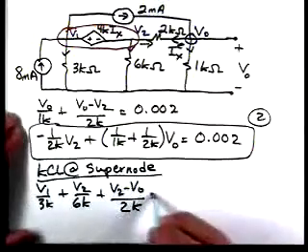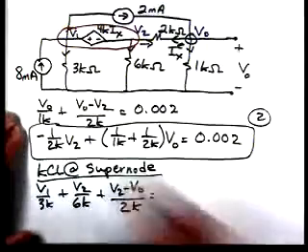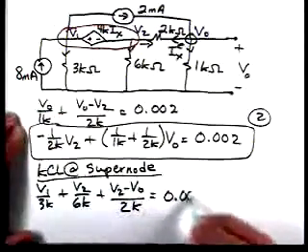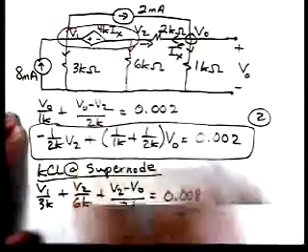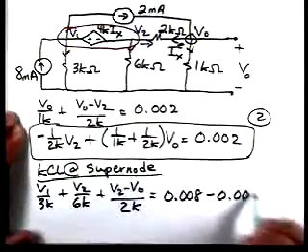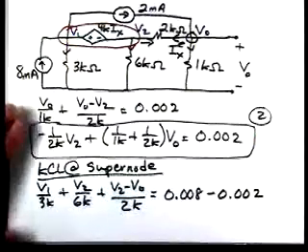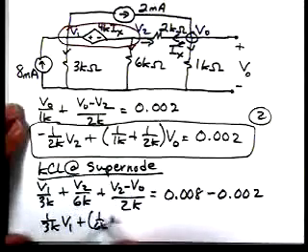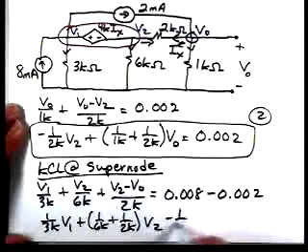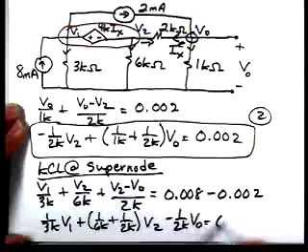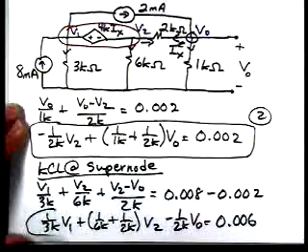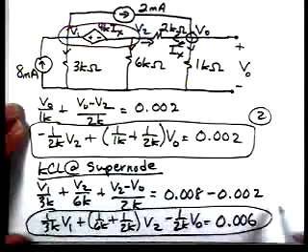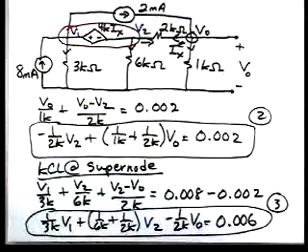And then currents entering from sources, we'll have this one, we'll have 0.008. This one is actually leaving, so entering it's minus 0.002. So collecting up terms, we'll have 1 over 3K times V1, plus 1 over 6K plus 1 over 2K times V2, minus 1 over 2K times V0 is equal to 0.006. So there's our third equation.